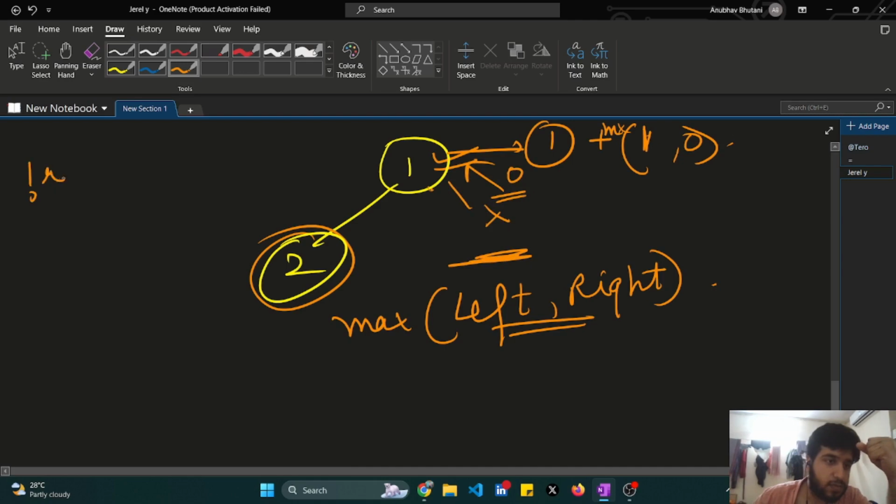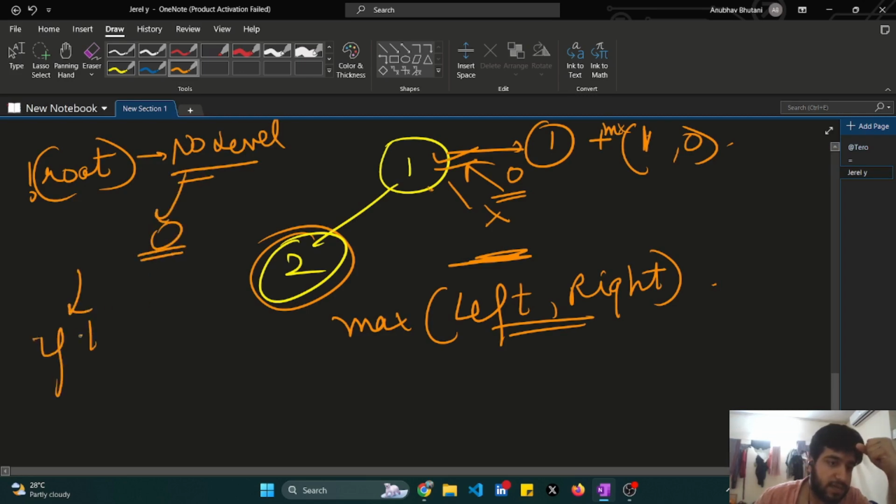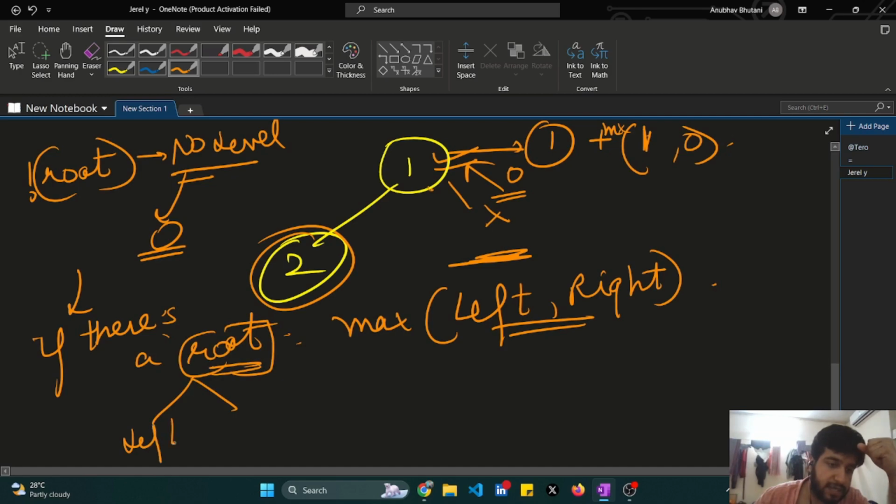So if there is no root, it means no level, and no level means it would be contributing 0. And if there is a root, just see its left and right.